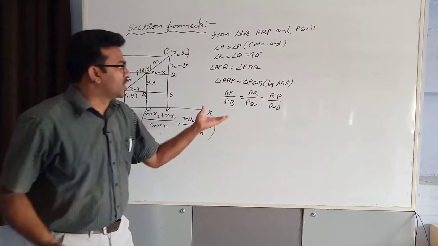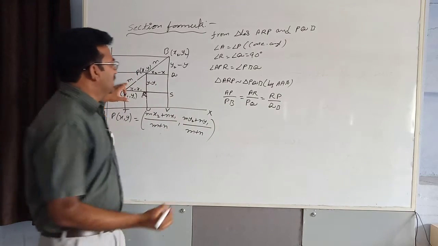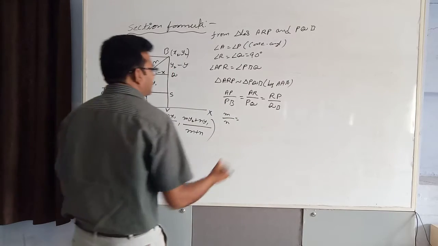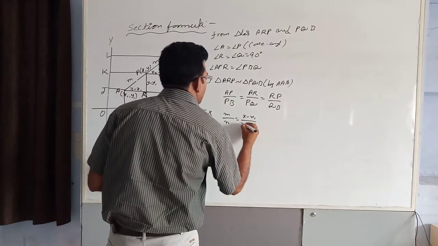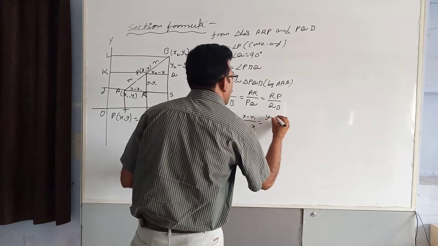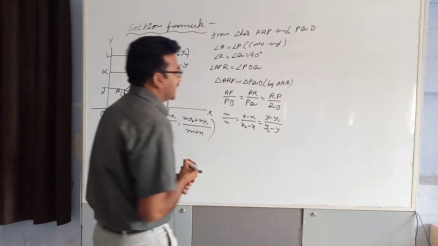Now we replace these sides with their respective values. m by n is equal to (x minus x1) by (x2 minus x), which is equal to (y minus y1) by (y2 minus y).